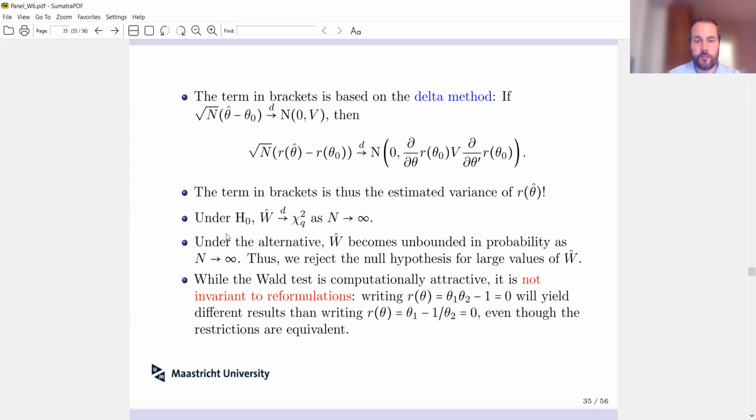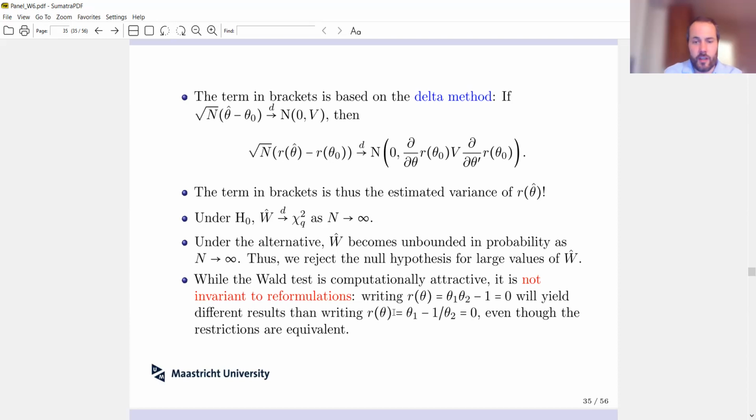Now, the Wald test is super easy to compute, and it's a very simple idea. A big disadvantage is that it's not invariant to reformulations. For instance, look at this thing here, which says that theta1 times theta2 is equal to 1, which simply means that theta1 is the same as 1 over theta2. You can write the same thing like this. It's the same information.